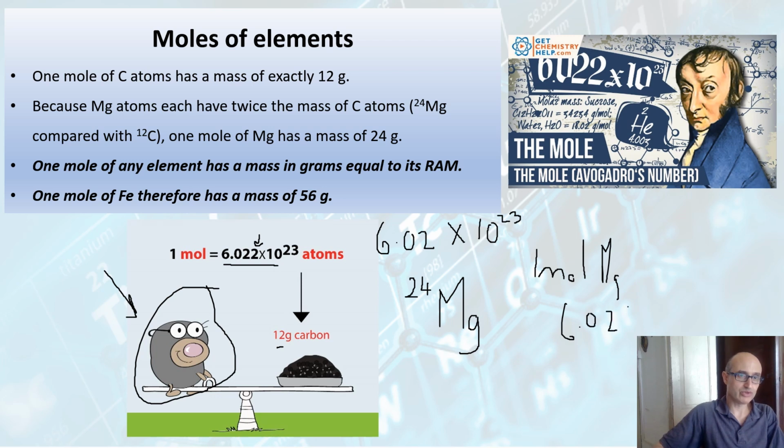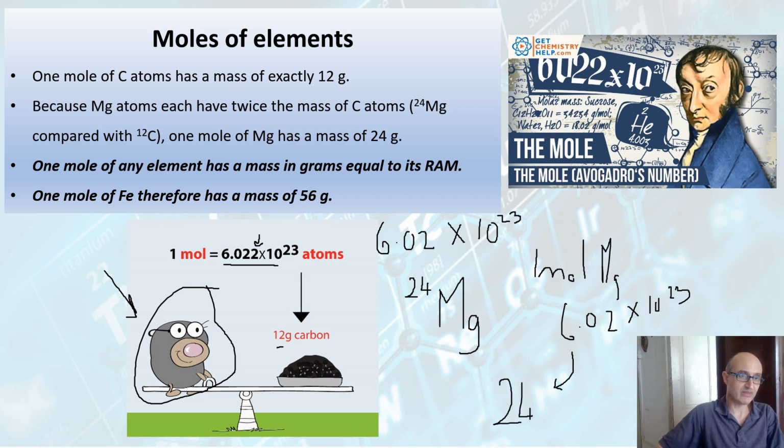And all I have to do to find out how much magnesium I must weigh in my dish to have so many atoms of magnesium is weigh out 24 grams.